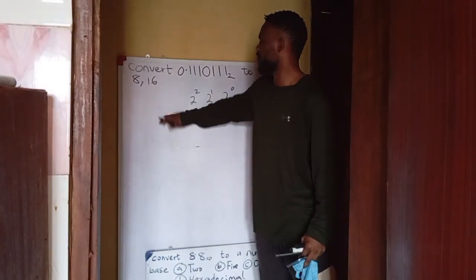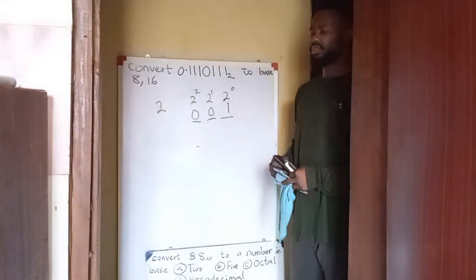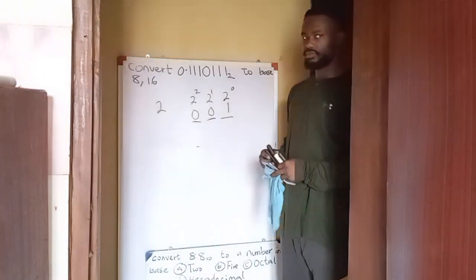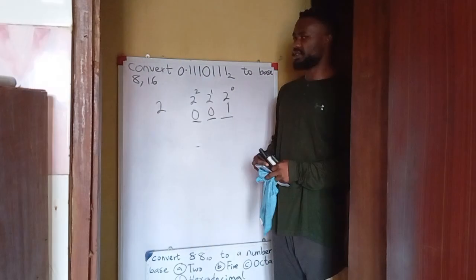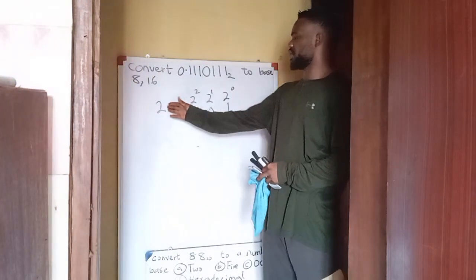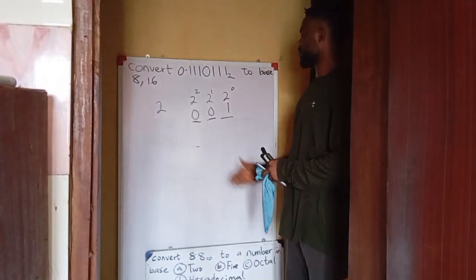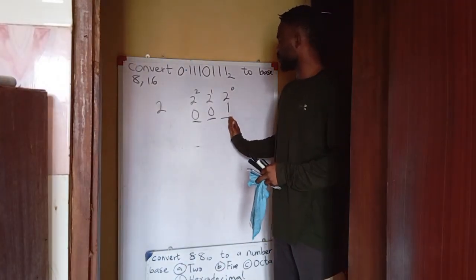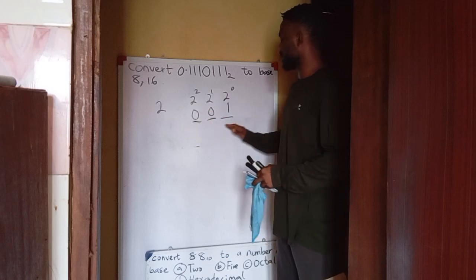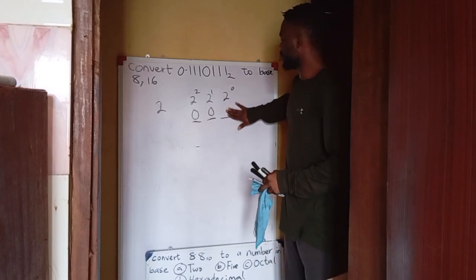Let's say I want to convert 2 in base 8 to base 2 now. See what it simply means. Base 2 to base 8 is going to be in 3 places like this.